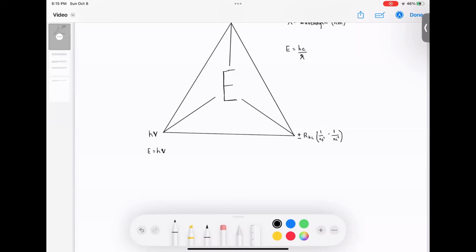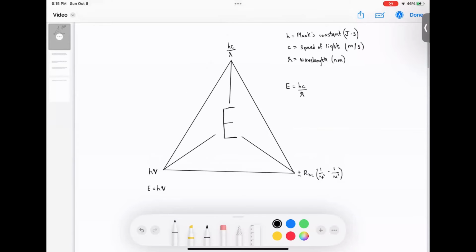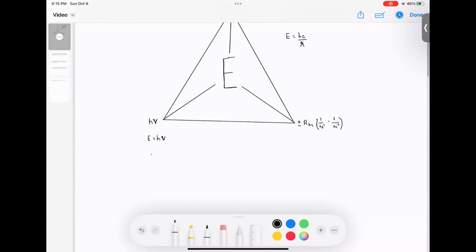It's a Greek letter. Remember from earlier, we said that H is equal to Planck's constant, and that nu is frequency. Frequency has two units. There's hertz, which is also equal to 1 over seconds.